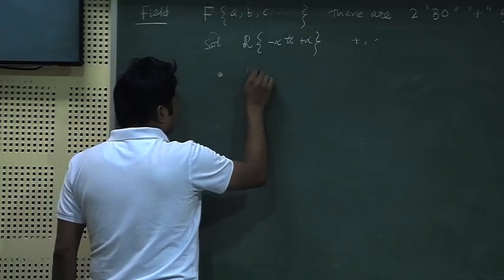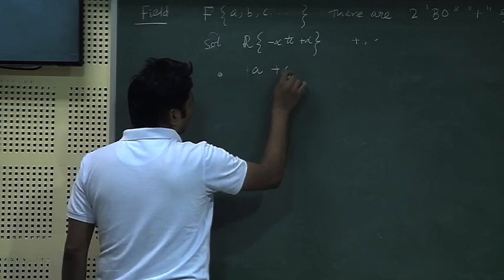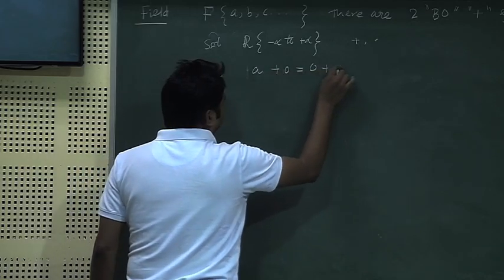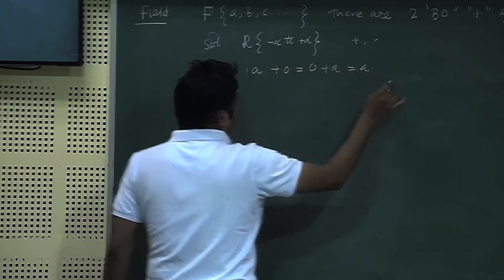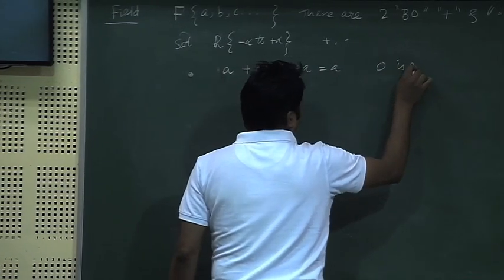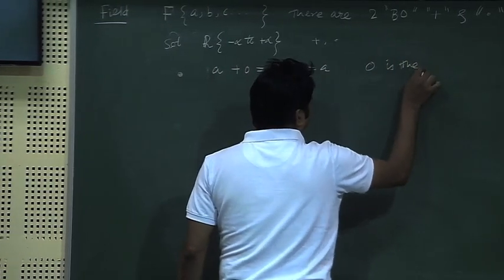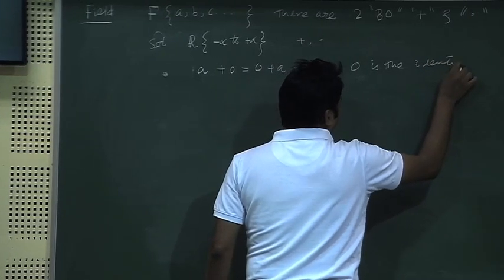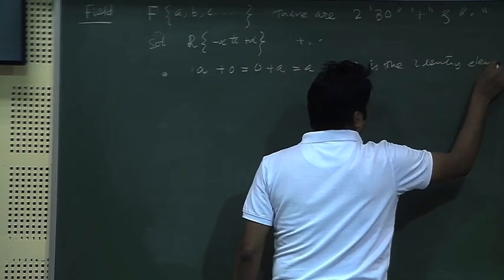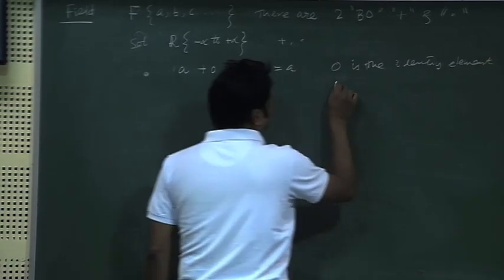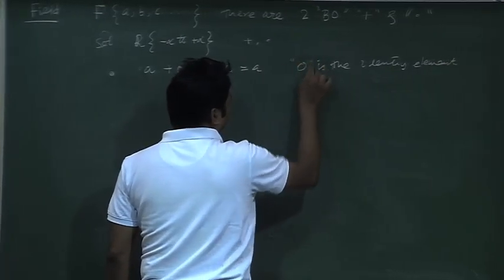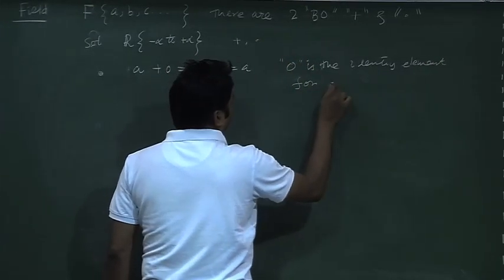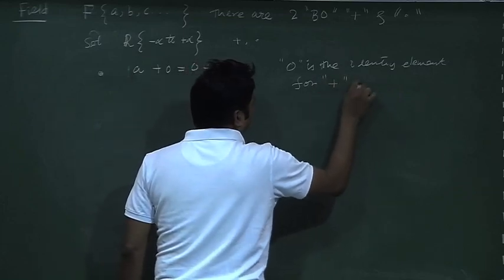Whatever the quantity A, A plus 0 is equal to 0 plus A, which is A. So here 0 is the identity element for the plus operation.